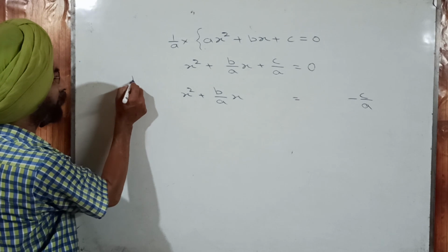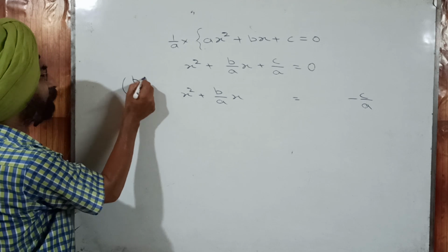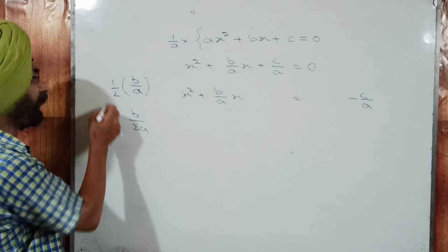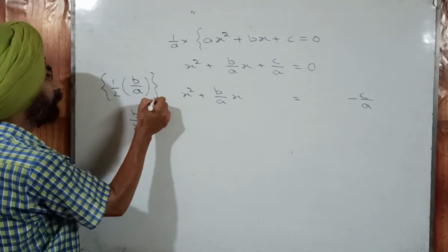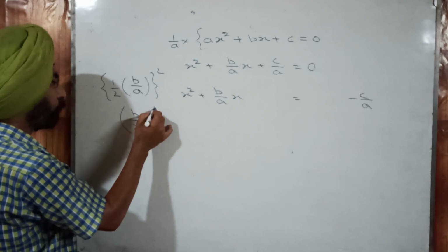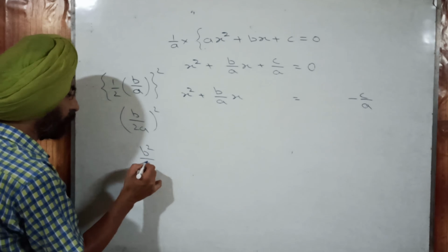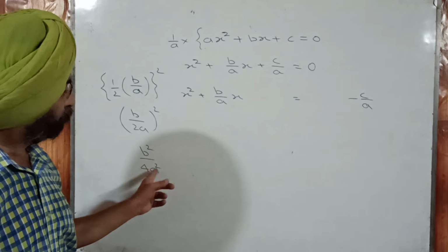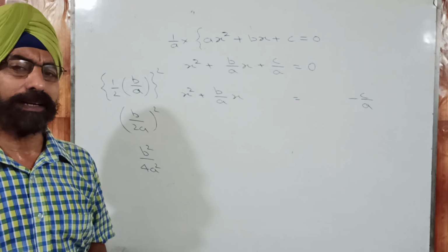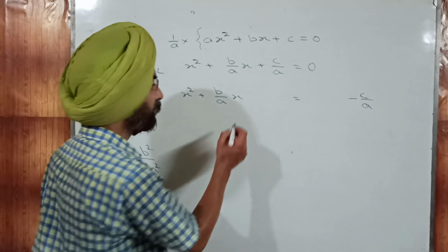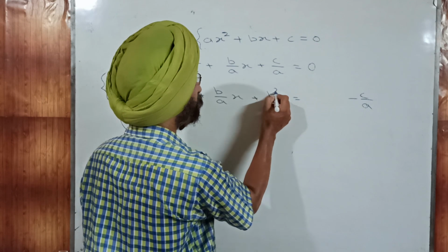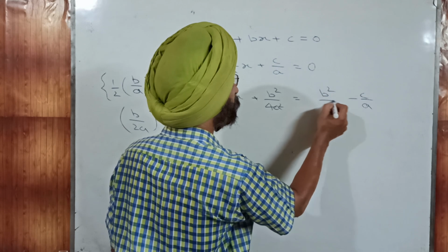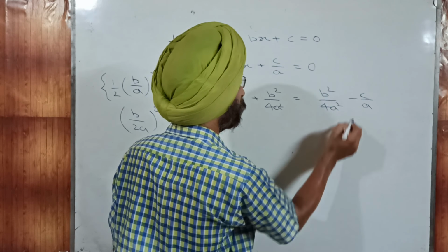So what will be half of it? Half of this will be b upon 2a, and now you are to take the square of that. The square of that is b square upon 4a square. Add b square upon 4a square to both sides. You will get here plus b square upon 4a square, and also you will get b square upon 4a square on the right hand side.